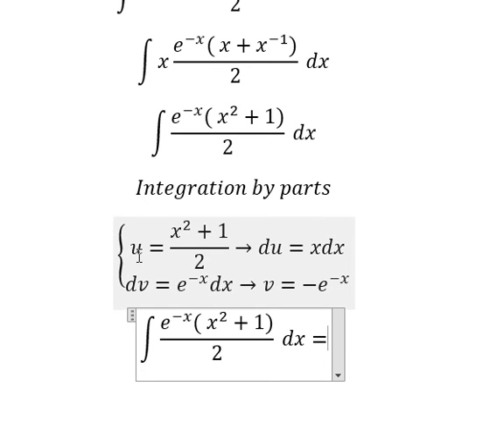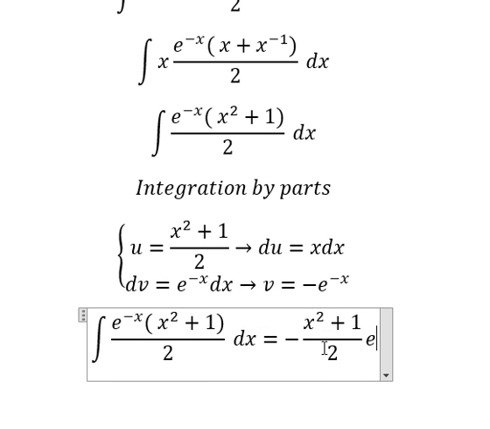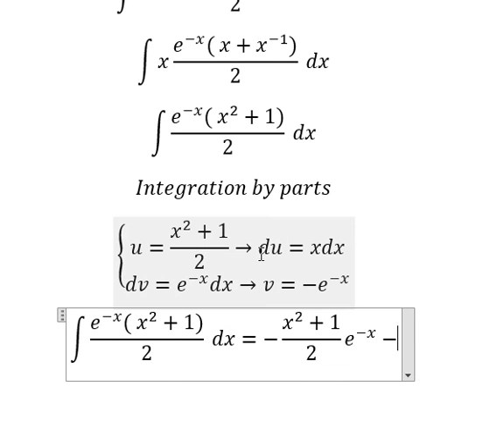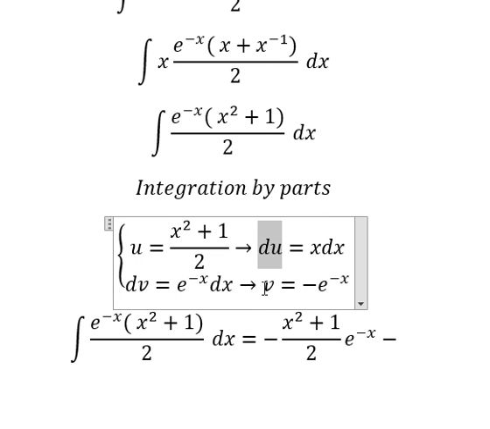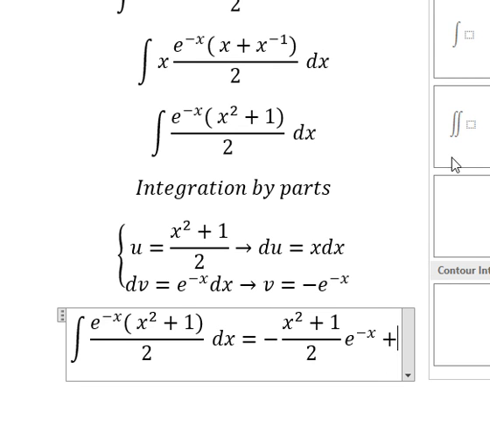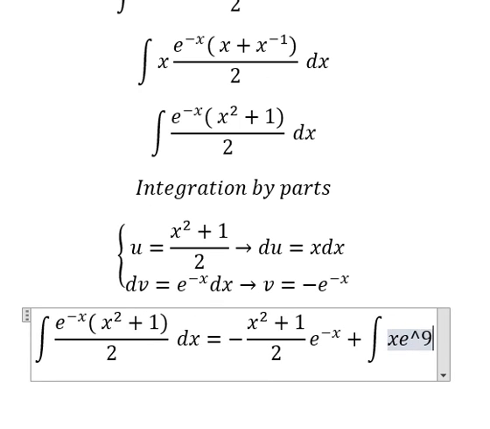So we have u multiplied by v minus, we have u multiplied by v, so negative and negative, we have positive, and now we have the integration of s e to the power of negative s ds.